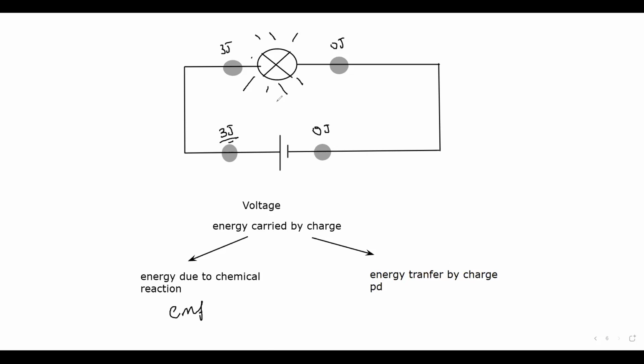So here, at this point 1, the charge is coming out from the battery, and the charge carries energy. So why does the charge carry energy? Because there is a chemical reaction inside the cell, and that is responsible for the charge getting that energy. So when the charge gets energy due to a chemical reaction, we call this voltage EMF. So EMF is 3 here.